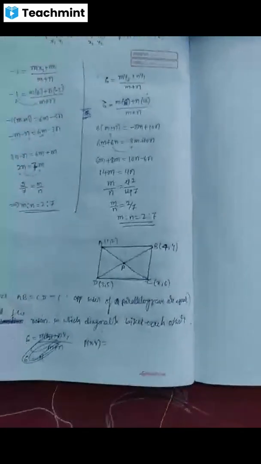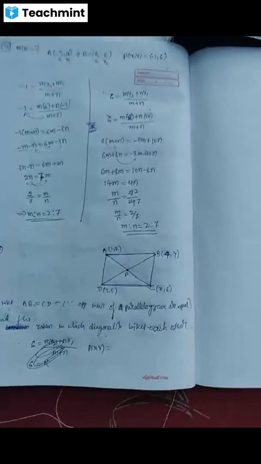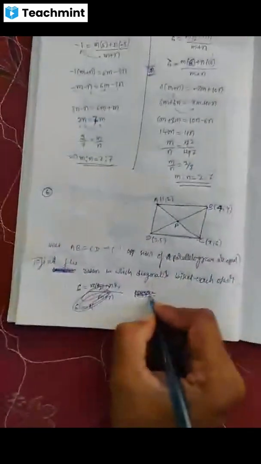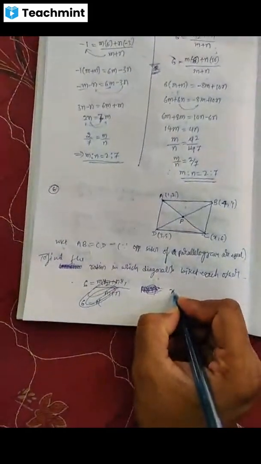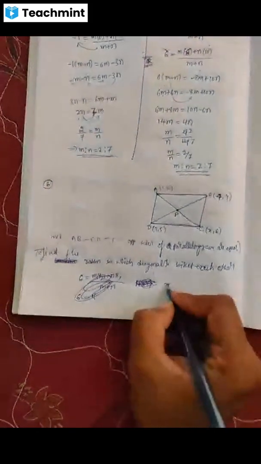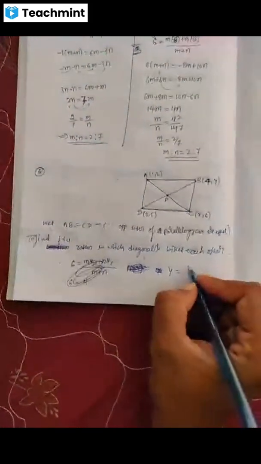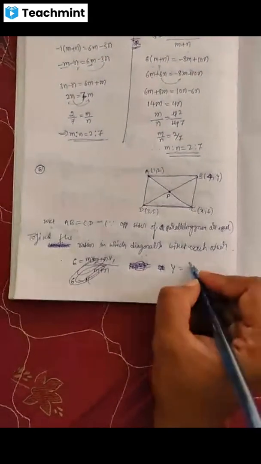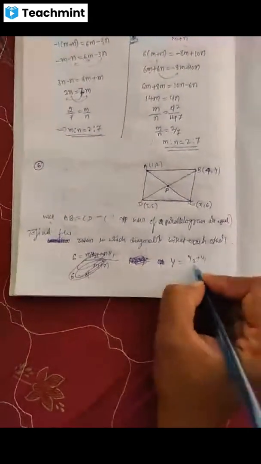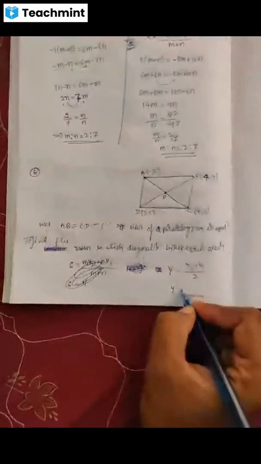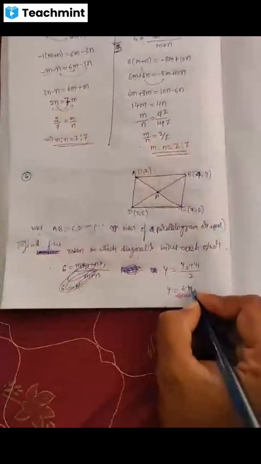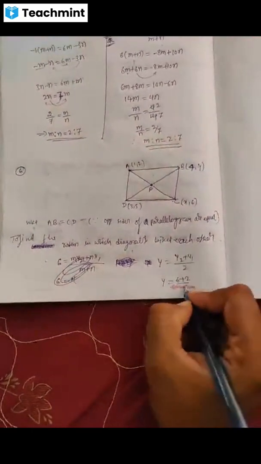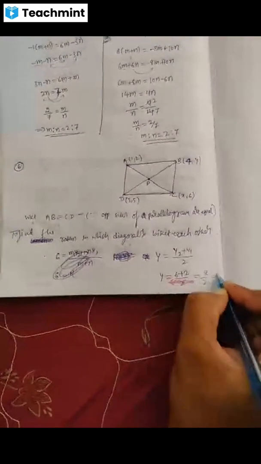We need to find both. To find the y coordinate, y is equal to (y2 plus y1) by 2. What is y2? y2 is 6.